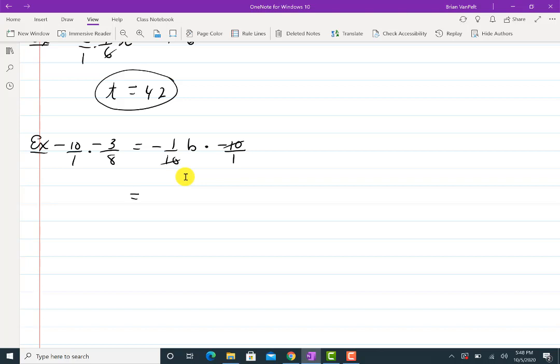That way the negative 10s cancel, and I'll be just left with b. On the other side, though, notice that 8 and 10 do share 2 as a common factor. 2 goes into 8 4 times, 2 goes into 10 5 times, and negative times a negative is positive. So it looks like I'm left with just positive 15 over 4.